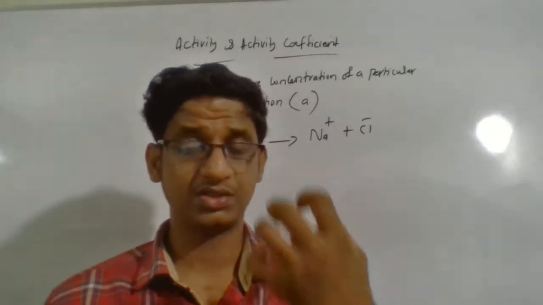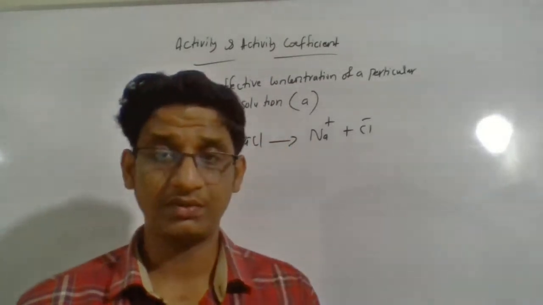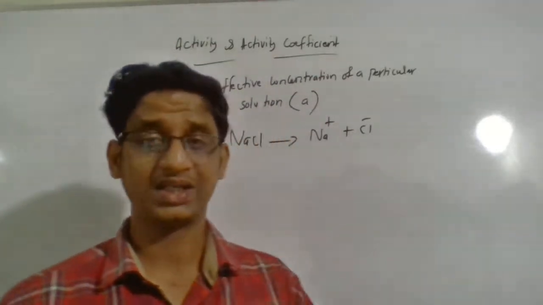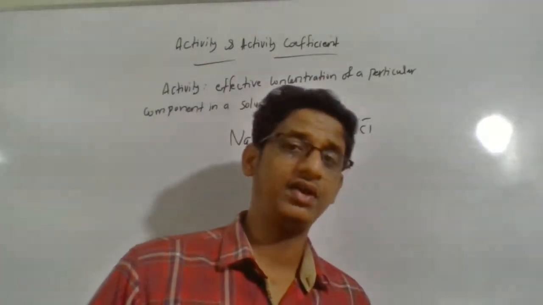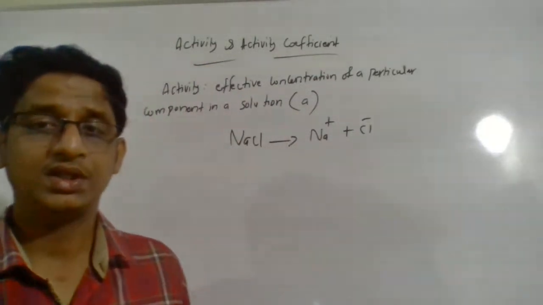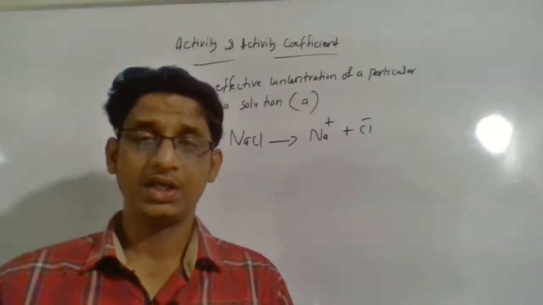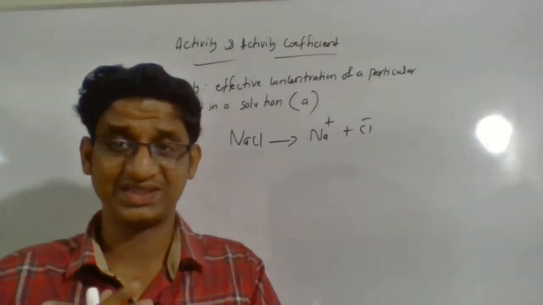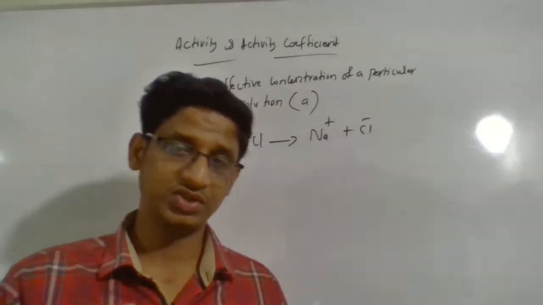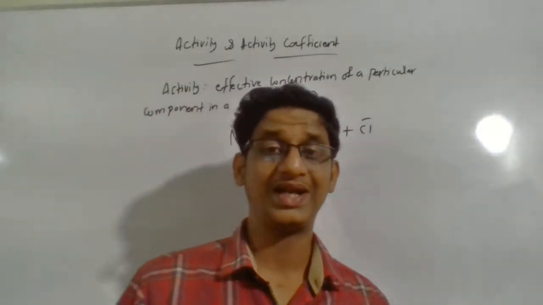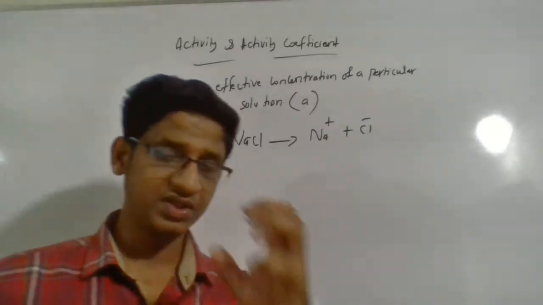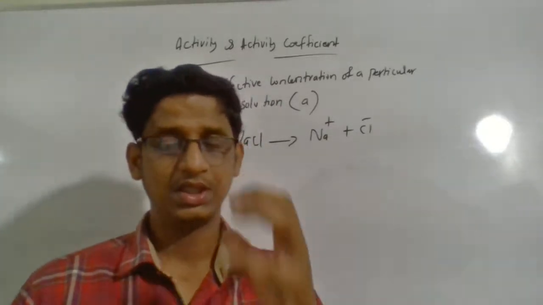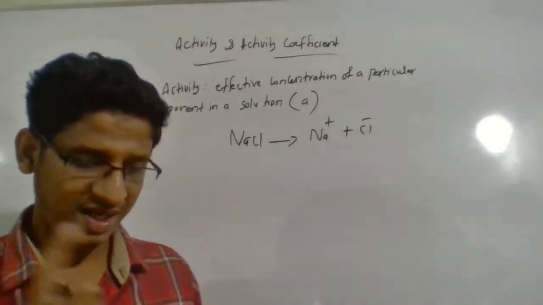Similarly, based on the type of electrolyte, like monovalent or polyvalent electrolyte, there is a difference. That is why activity is more important. Rather than saying molarity, we shift to a new term called activity, which means effective concentration of a particular component in a solution.